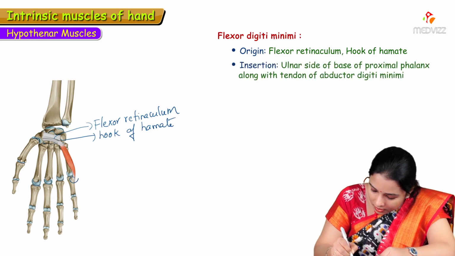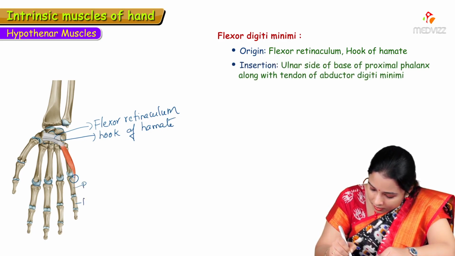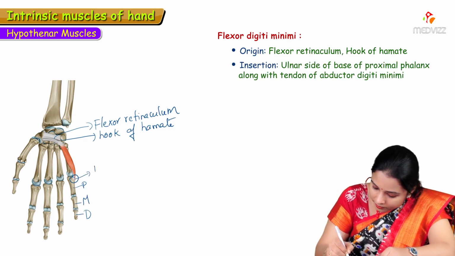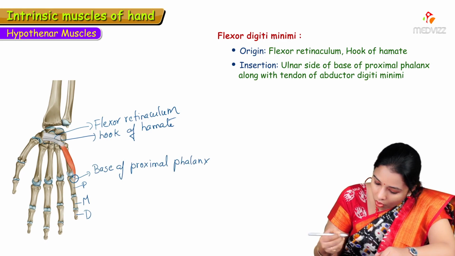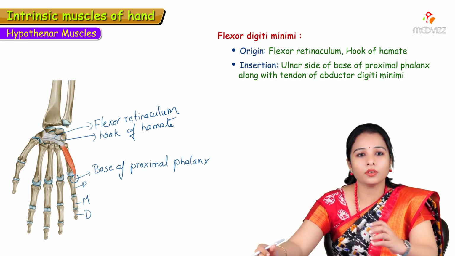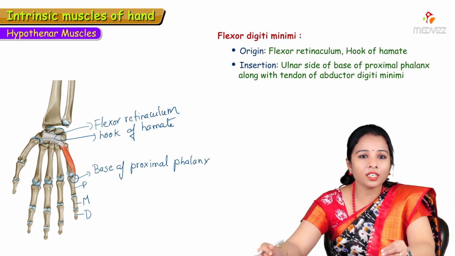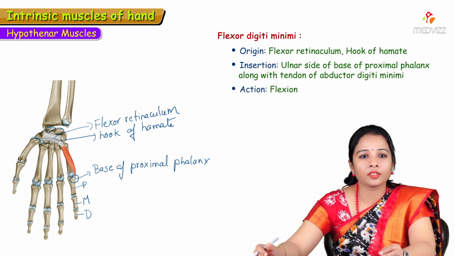It is inserted to the medial side of the base of the proximal phalanx, proximal, middle and distal. So base of the proximal phalanx on its medial side. As the name suggests, flexor digiti minimi helps in the flexion of the little finger.